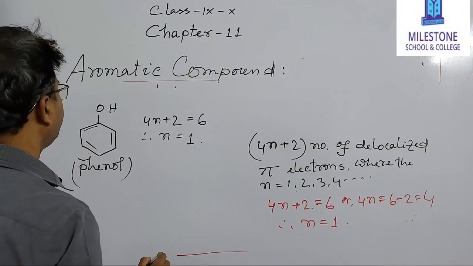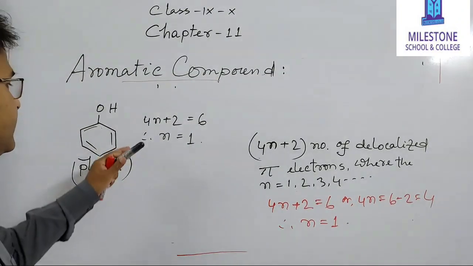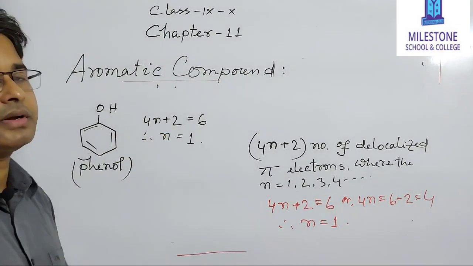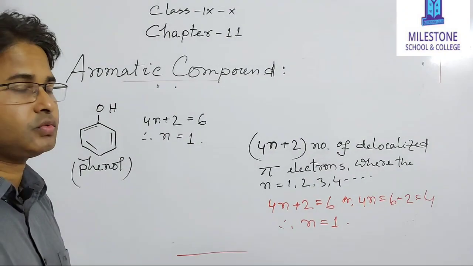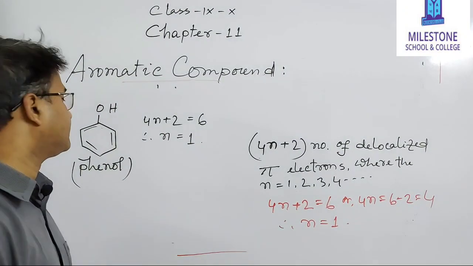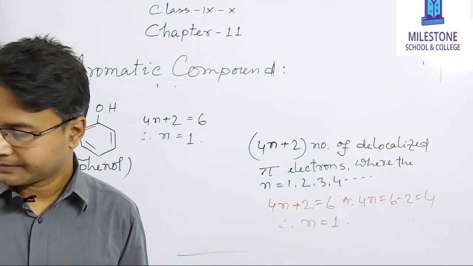I mean, in the case of phenol, there are 4n plus 2 delocalized pi electrons, where the value of n is equal to 1. That's why phenol is an aromatic compound.